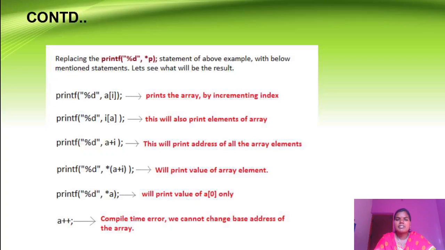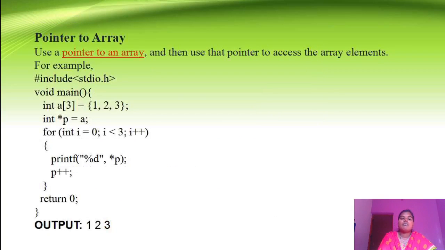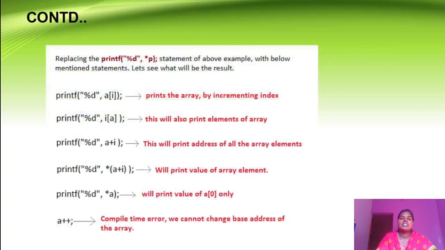That is nothing but in the previous example, the array values were 1, 2, 3. Like this, it will get printed. Next, if I use printf %d, *a, it will print the value of a[0]. That is nothing but *a represents the first, initial element of the array. Like this, we can replace *p with different values.